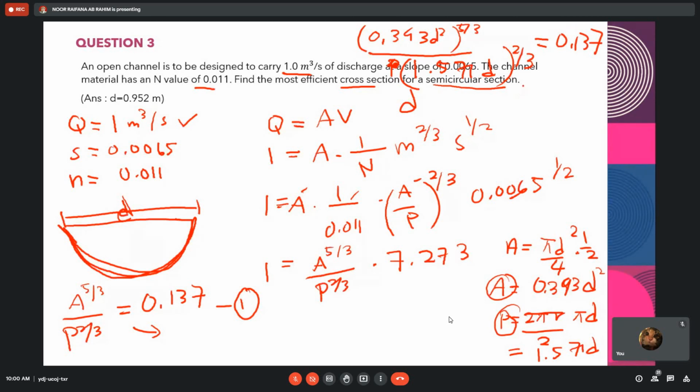Jadi you have one equation with one unknown which is the D. Jadi bila you solve this equation using calculator, so finally nanti you akan dapat D equal to 0.952.